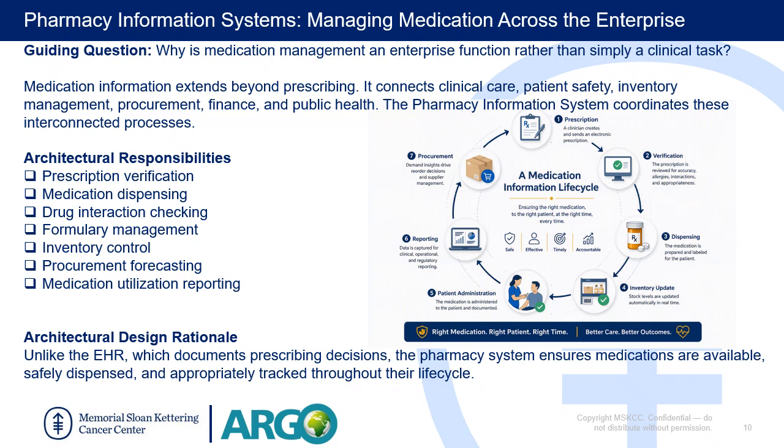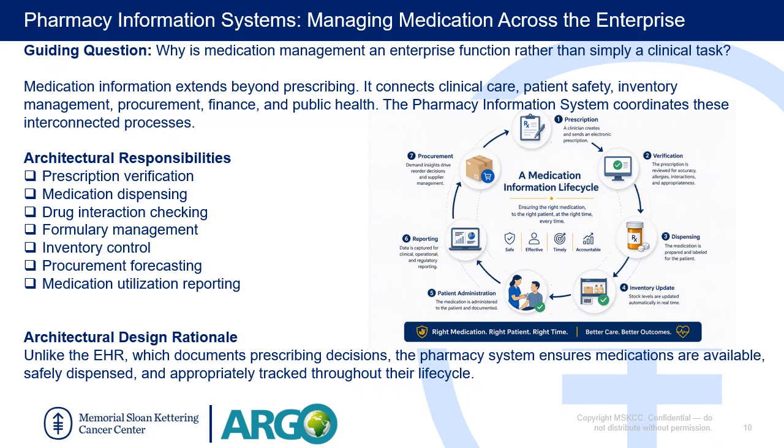So, medication management is a prime example of a single information domain or system that can serve multiple organizational roles or functions, right? Because think about it. A prescription initiated by a clinician triggers a chain of activities involving pharmacy verification, dispensing.